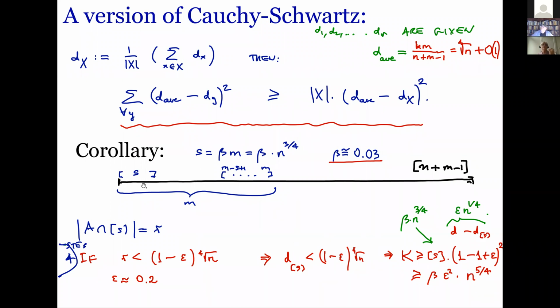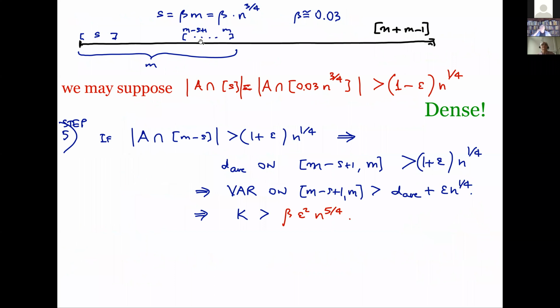So in the first 3%, we have to have quite a number of members of the Sidon set. Otherwise, we are done. And we can make the same with the last 3% of the first M.